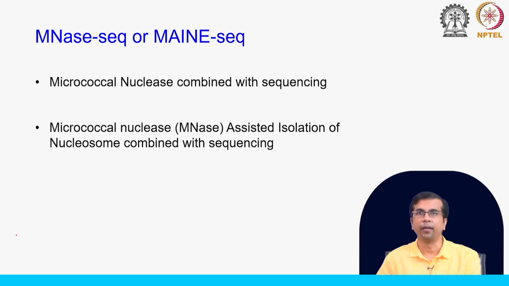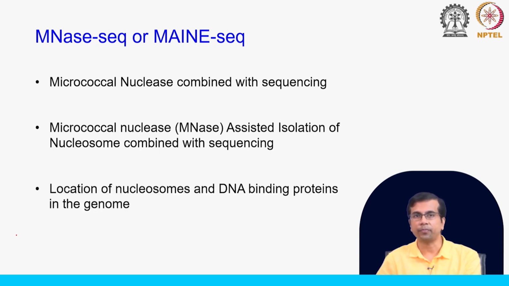Okay. So, this is again combined with sequencing. What this method does is look at the location of nucleosomes and DNA binding proteins in the genome. Okay. So, one major difference from ChIP is that it will tell us which are the regions where DNA is bound by proteins, but it will not be able to identify those proteins. Okay. So, this is a major difference from ChIP.